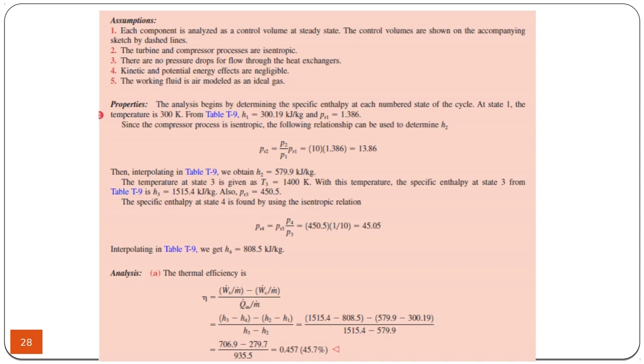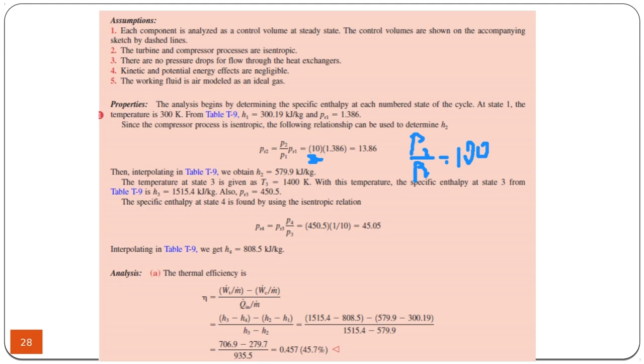So what we will do is to use the pressure ratios. This pressure ratio is given as 10 in the problem. So maximum pressure P2 divided by P1 is given as 10. And because compression takes place isentropically, we can use the isentropic relations for air standard.